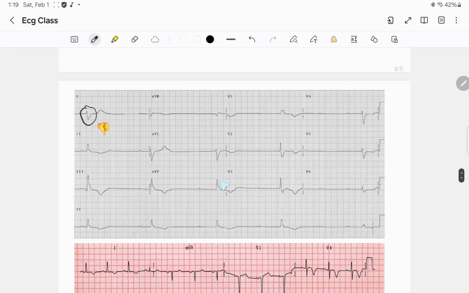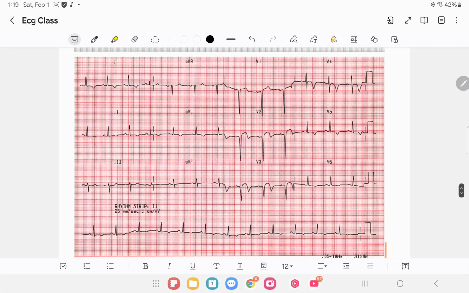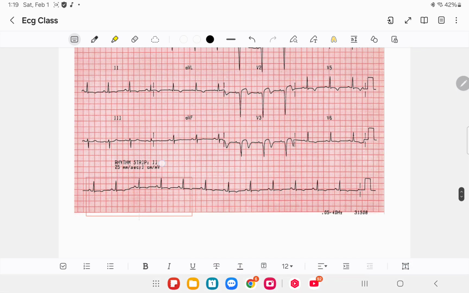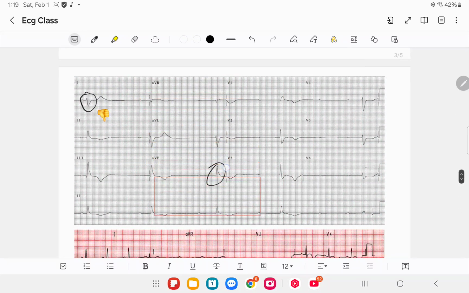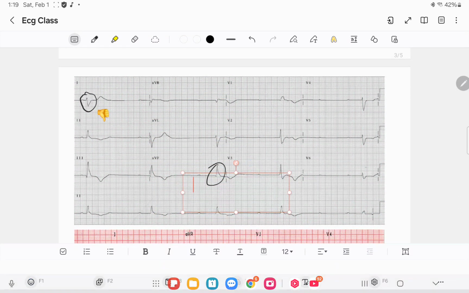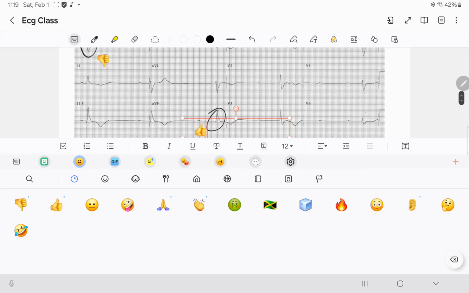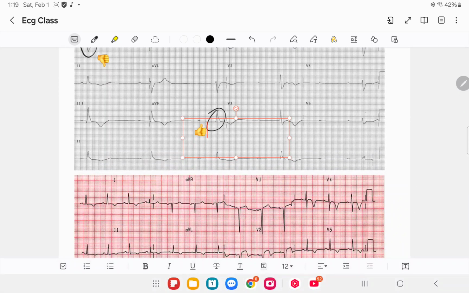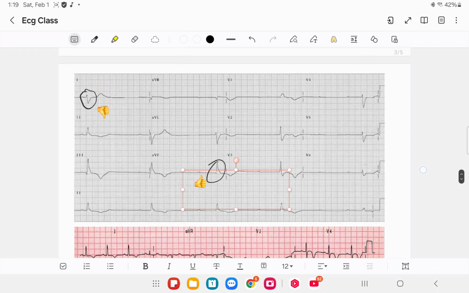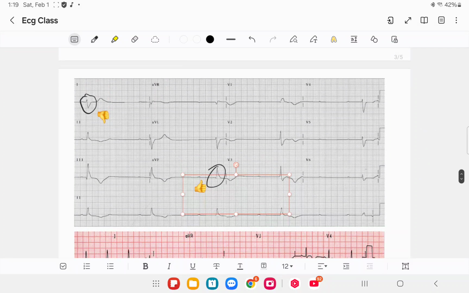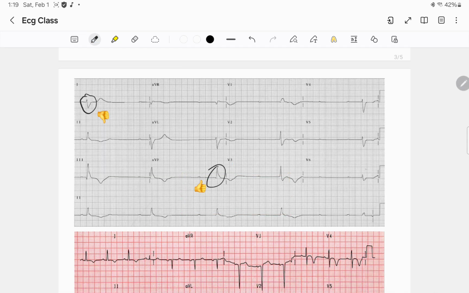So that's a thumbs up. Okay, so using our hands, my left hand is a thumbs down and my right hand is a thumbs up. So we're gonna go with the thumbs up, my right hand, which means it's right axis deviation. So this ECG is right axis deviation.